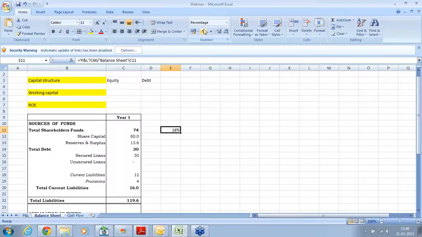But keep one aspect in mind. In the name of improving this number, don't cut certain costs which are important for you as a business strategically. Remember that. When I mean strategically, they have long-term impact. Some companies, in the name of improving shareholder returns, I'm telling you at an extreme level, have cut their research and development costs because it improves, at least in the short term, their return on equity.